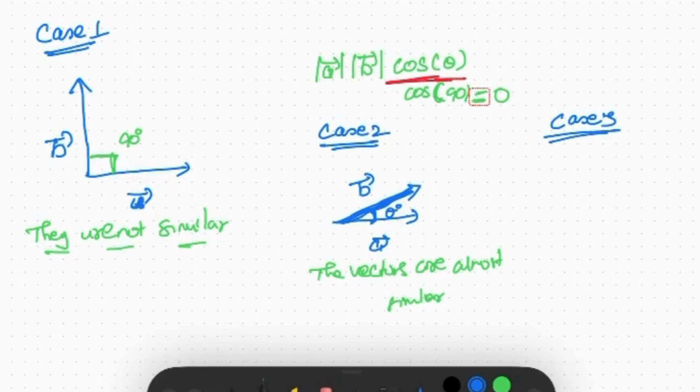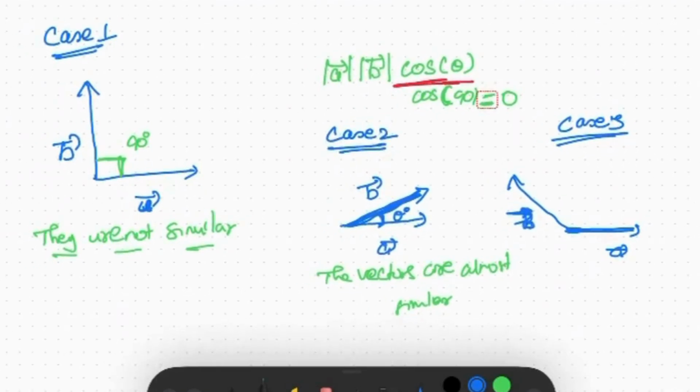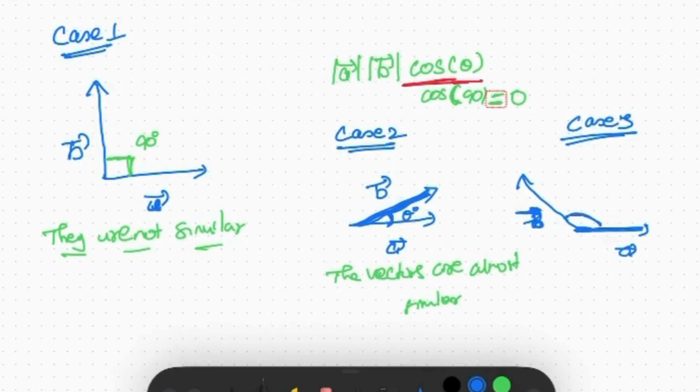Here I have B vector something like this, stretched off, and A vector is here. As you can see from the picture, these both vectors are not much aligned, not in the same direction, and the angle between them is larger, right?